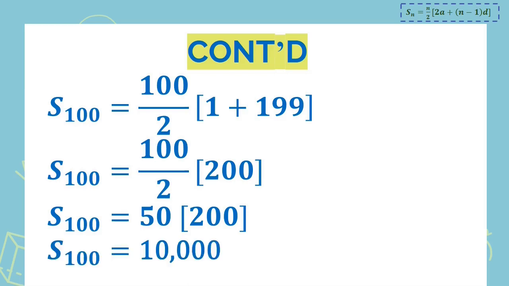So it means that when we are to sum all the 100 terms, which is the sum of all positive odd numbers from 1 up to 199, that will give us 10,000. In other words, the sum of all positive odd numbers which are less than 200 is 10,000.